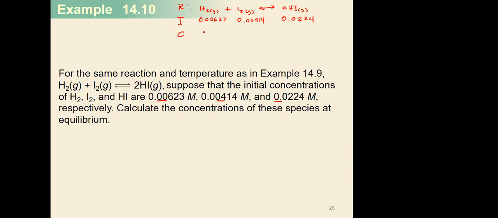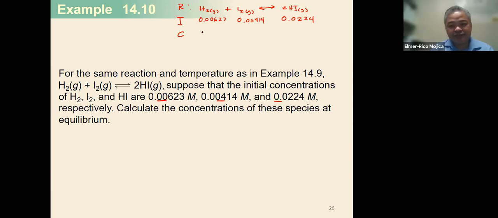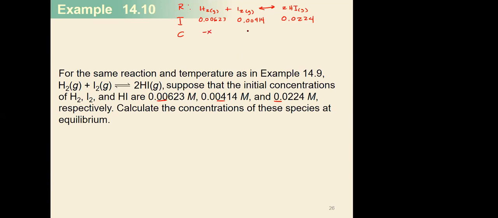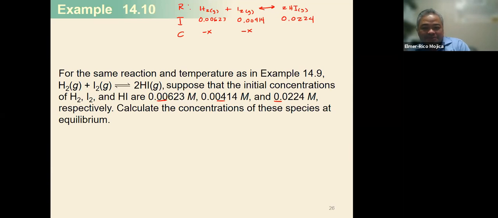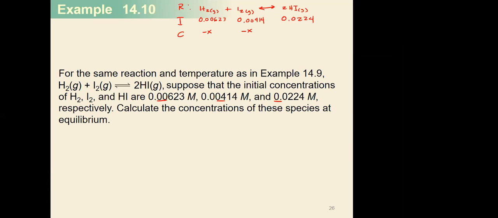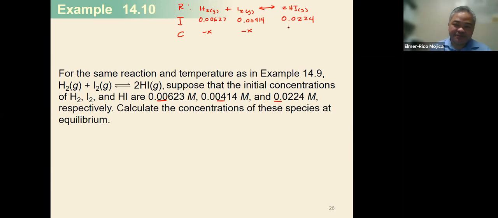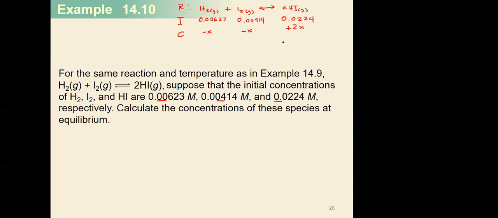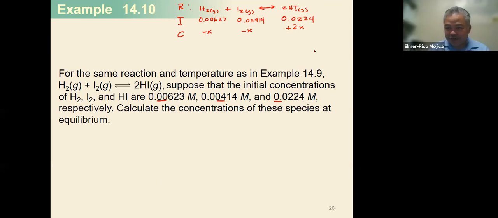No, the changes is just minus x. The changes is where you put your x. Okay. How about the HI? 2x. So everyone see why it is 2x?